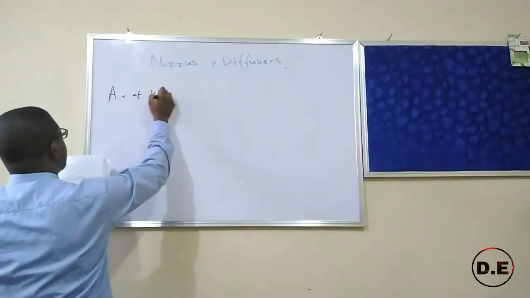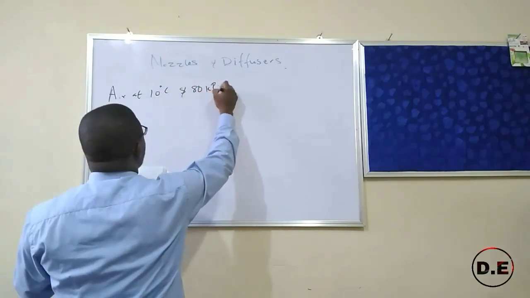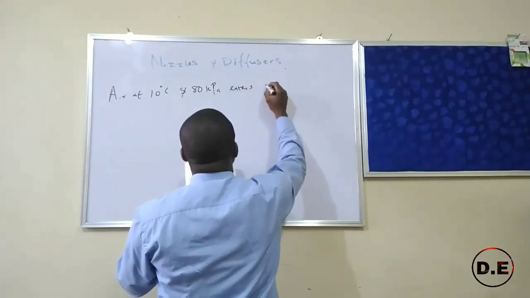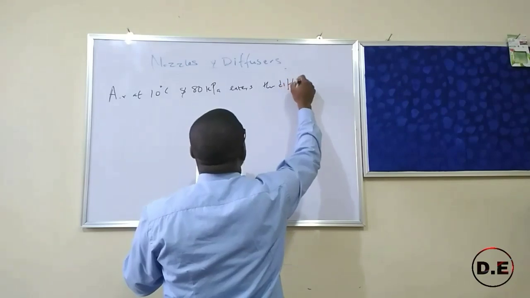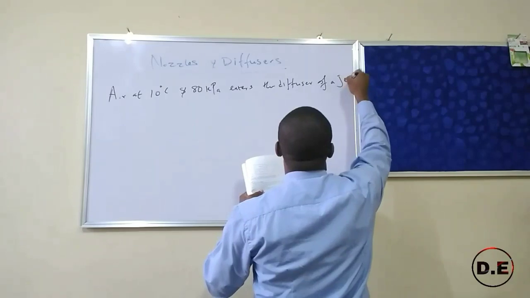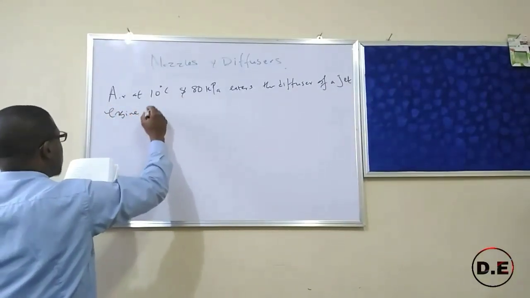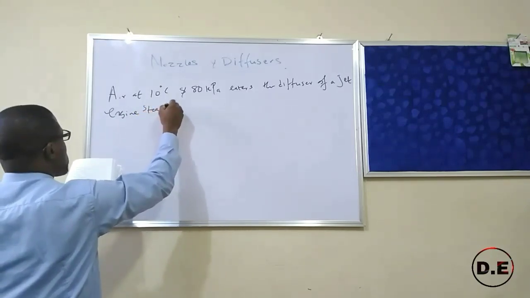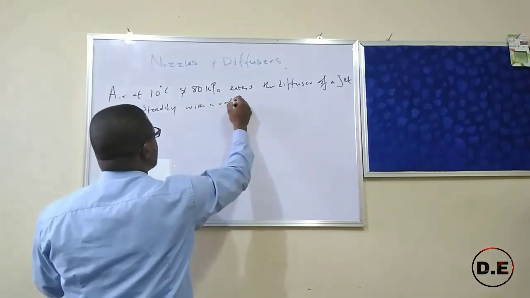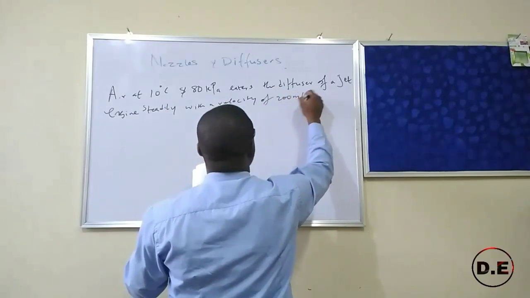Air at 10 degrees C and 80 kilopascal enters the diffuser of a jet engine steadily with a velocity of 200 meters per second.